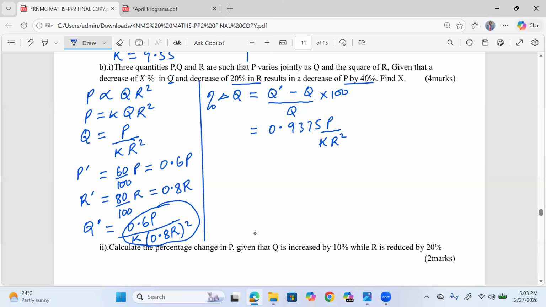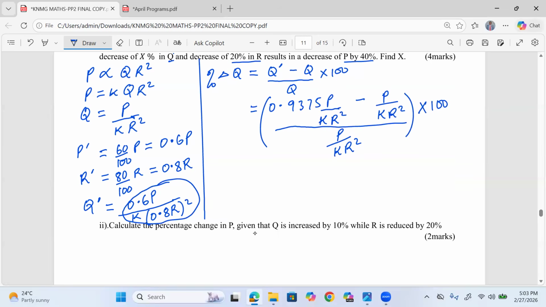That is the new value of Q minus P, the original, over K R squared, then out of P over K R squared. When you factor out, these will be multiplied by 100. So when we factor out P out of K R squared, we shall remain with 0.